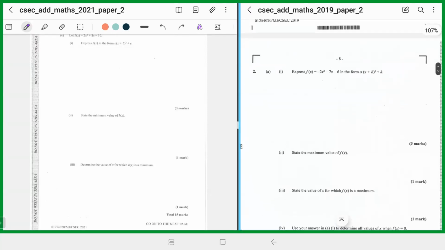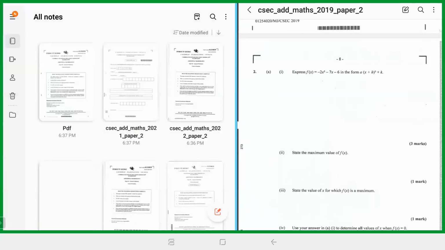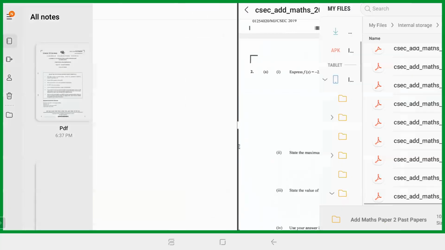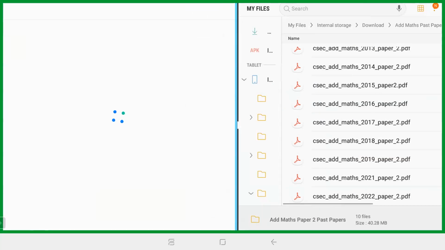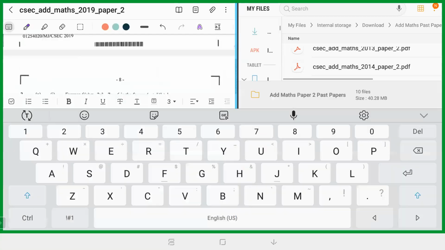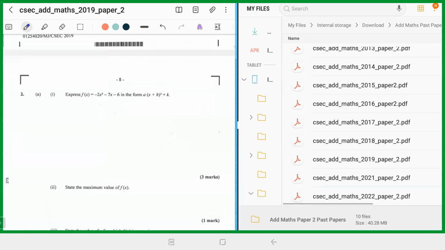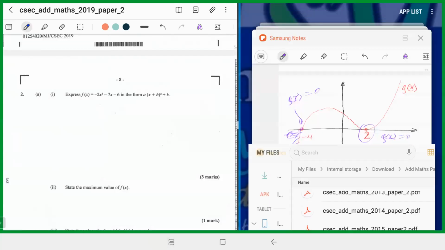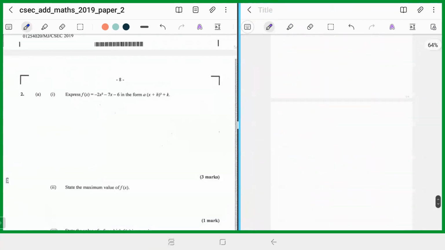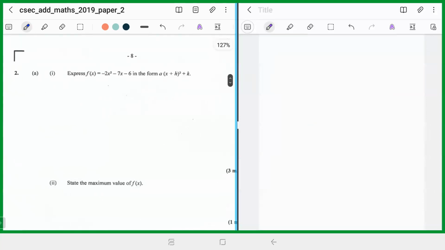All right, so a front one here, 2819. Let's do that one instead. So this one again wants us to complete the square and put it in that form.